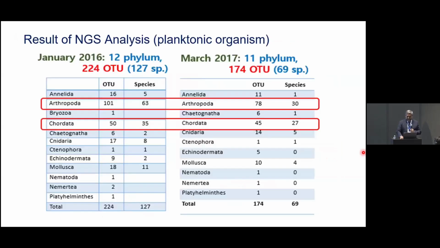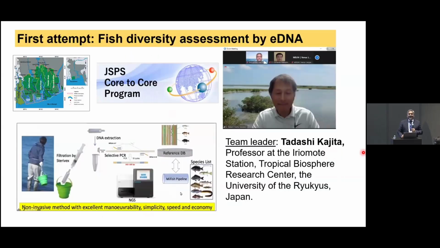Then maybe a couple of years back, I met Professor Kajita in an online meeting. He is very kind. I told him I want to join his team, and then I joined Kajita Sensei's team. I am still working with him in his collaborating team.